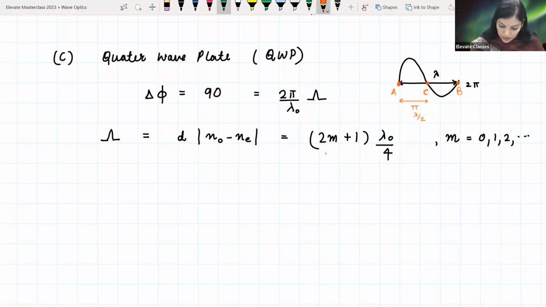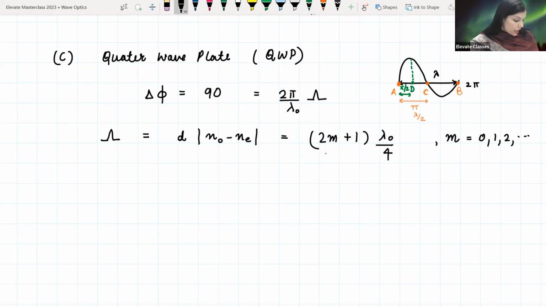Or if I consider this point, some D point, this should now correspond to a phase change of pi by 2. So this pi by 2 should now correspond to lambda by 4, okay? So I should remember that when I'm talking about a phase difference of 90, then in terms of optical path difference, that means a path difference of lambda by 4, okay?